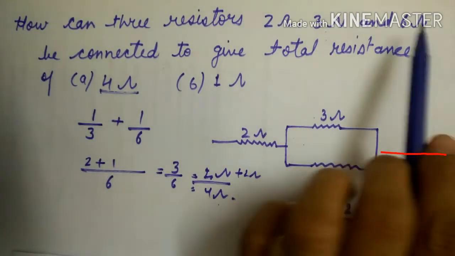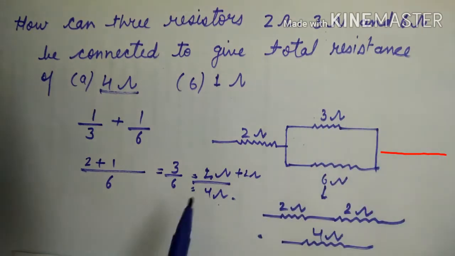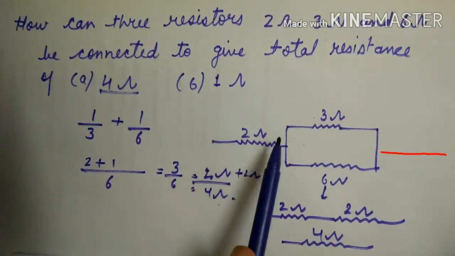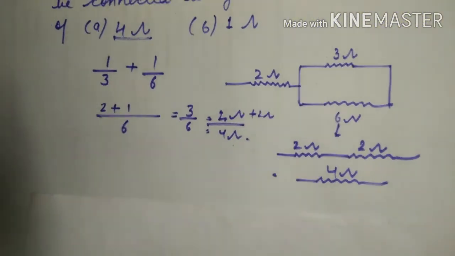Okay, 3 and 6 will be in parallel combination. Then their total will be 2 ohm, and with 2 ohm and 2 ohm in series combination they become 4 ohm. So it's clear for the first case. Now how will we get 1 ohm?